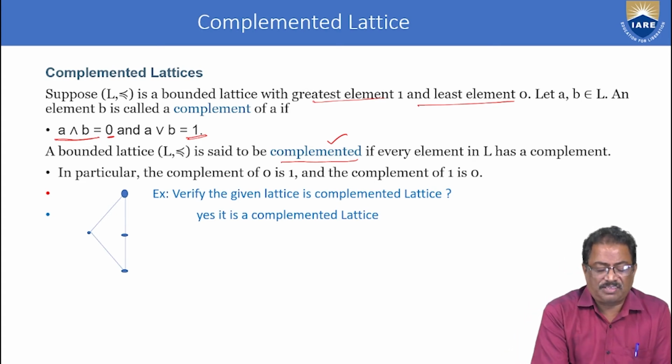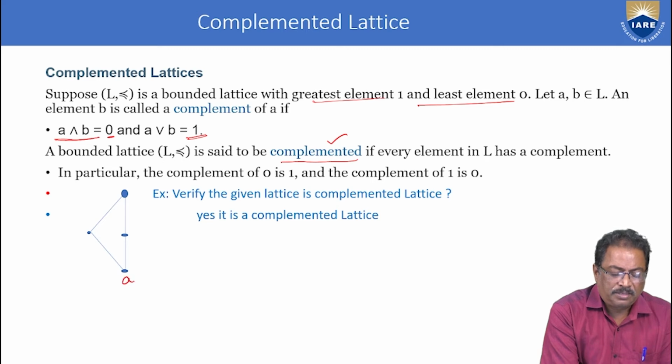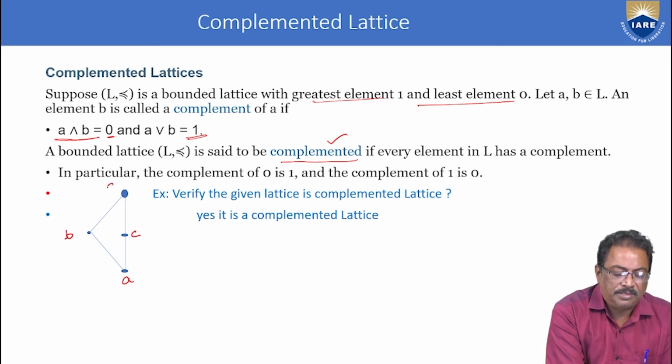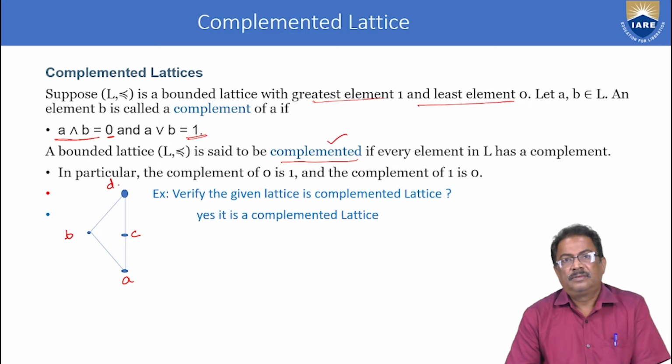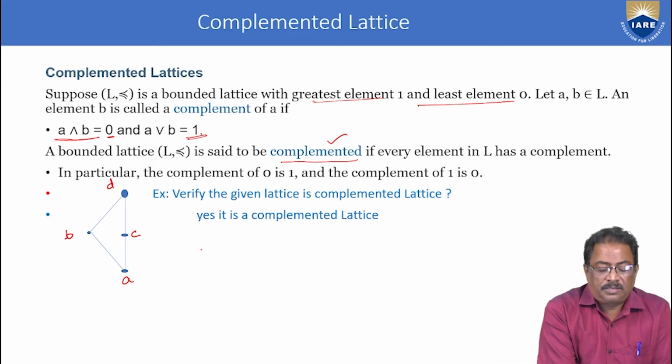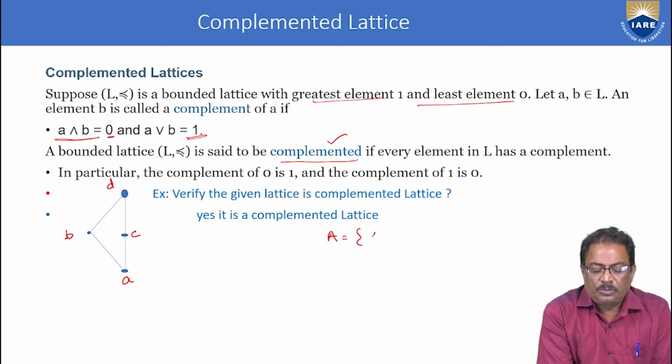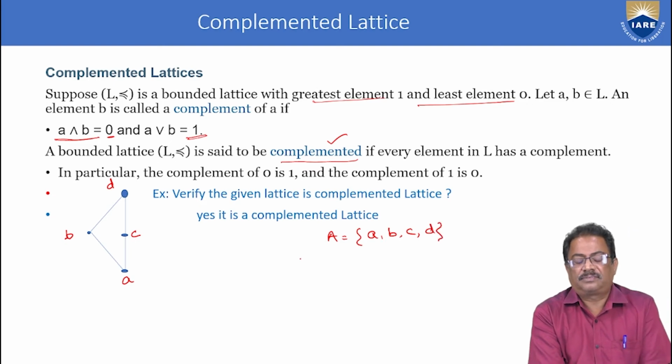Let us consider one example. The set is A = {A, B, C, D}, whose Hasse diagram is given like this.